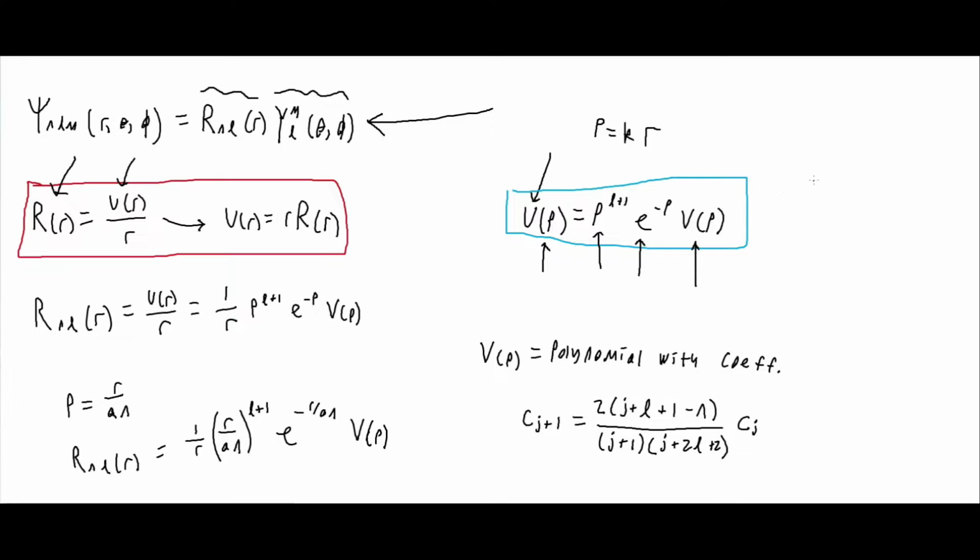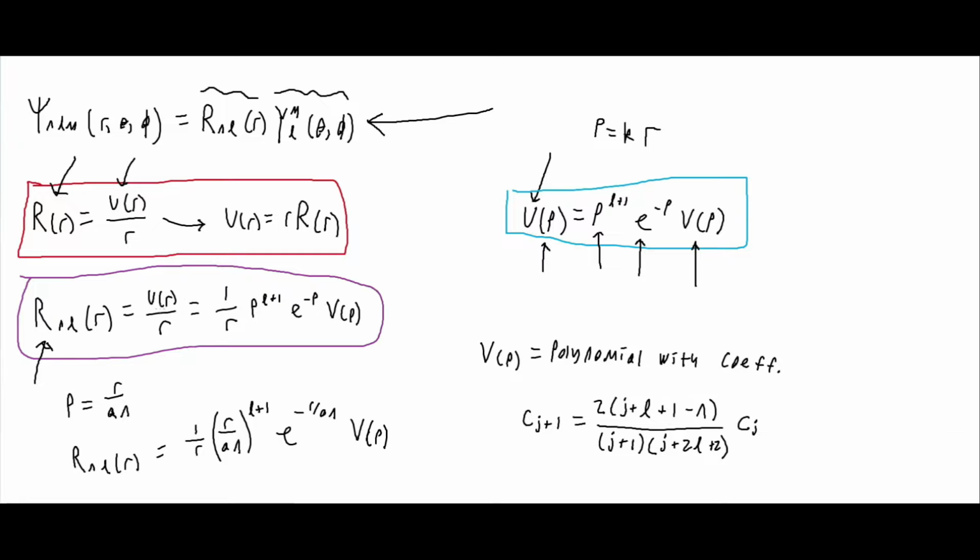As I've said, this v as a function of rho is going to be the associated Laguerre polynomials. If we bring these two things together, red and blue as purple, this purple is our radial part of the solution.